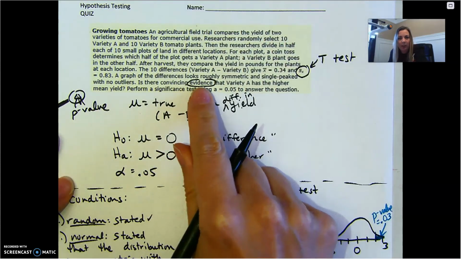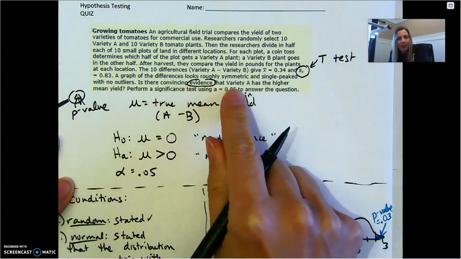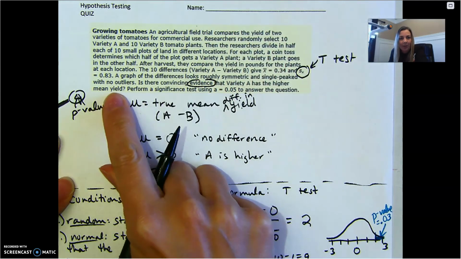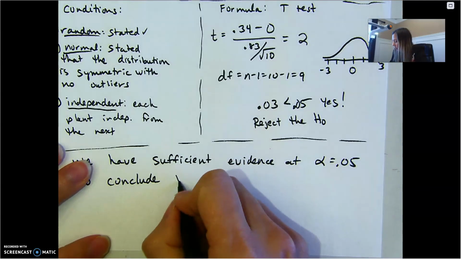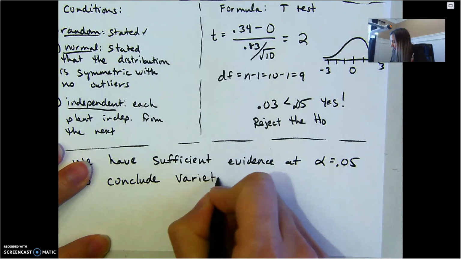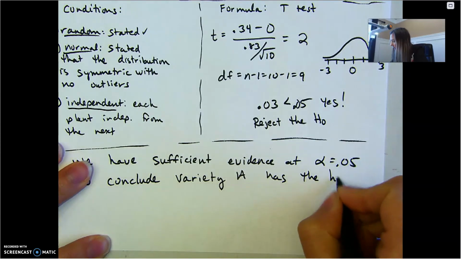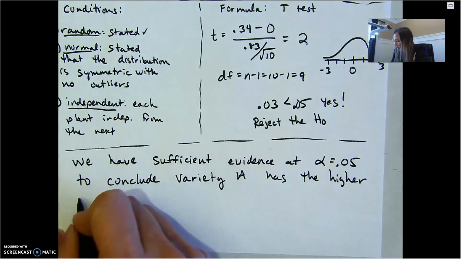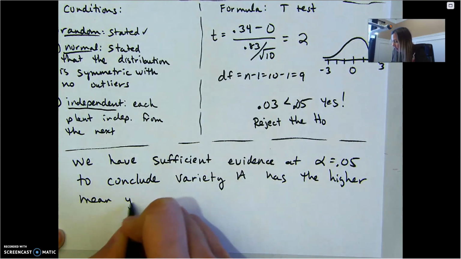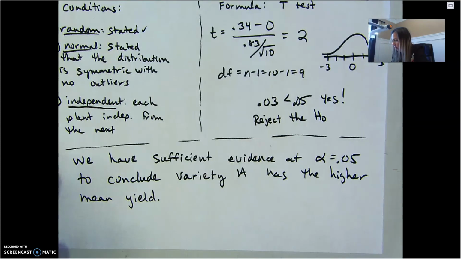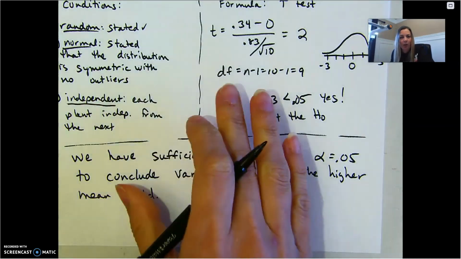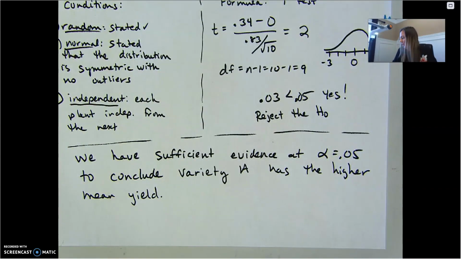This is what we're concluding, right? We found the evidence that variety A has the higher mean yield. To conclude, variety A has the higher mean yield.